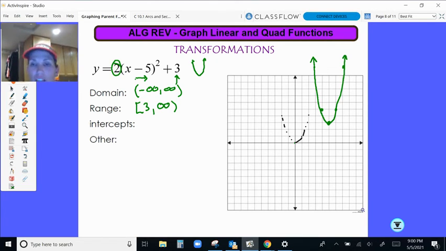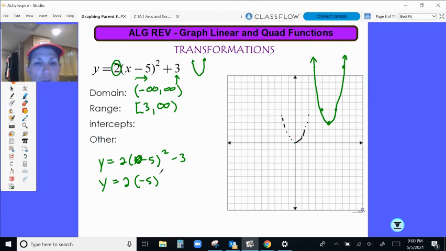Okay. My intercept, I'm not really sure what it is. It's going to intercept the y-axis way up there somewhere. We could plug in 0 here to find out what that is. So we go y equals 2 times (0 minus 5) squared minus 3. So y equals 2 times negative 5 squared minus 3.